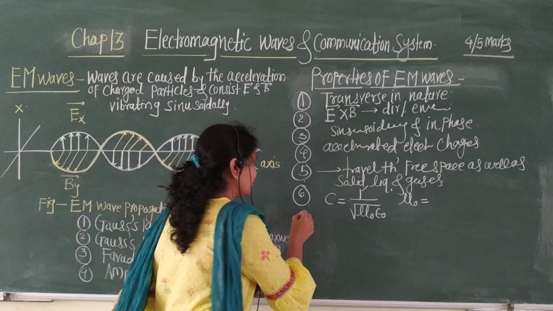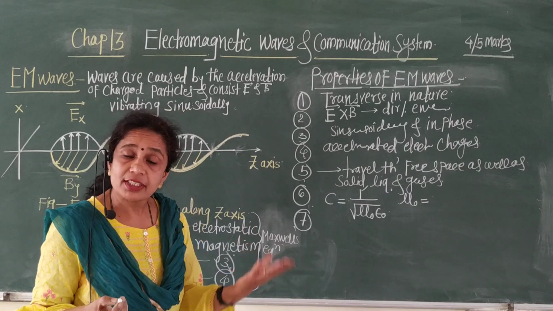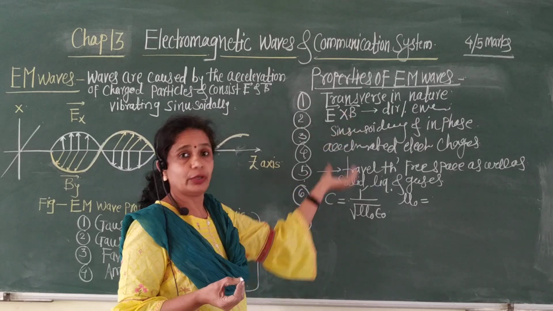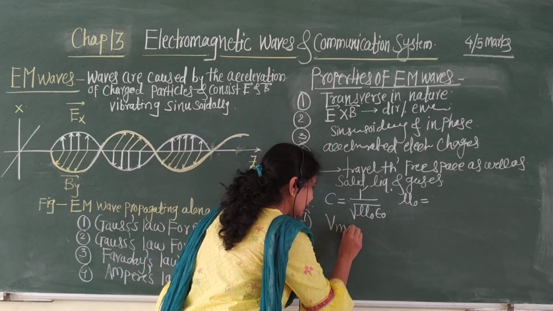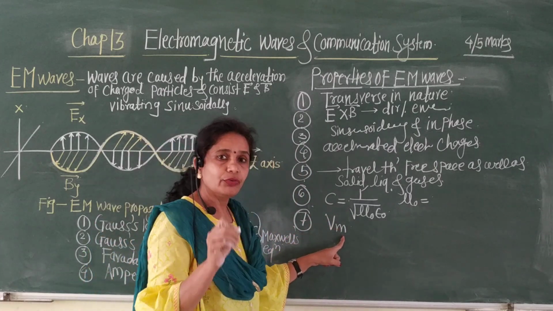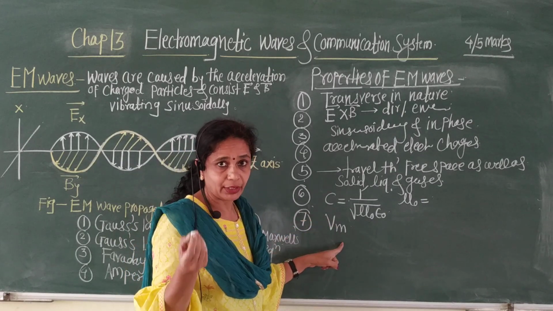Okay, now 7. In material medium, what is the velocity of electromagnetic waves? In material medium, velocity of electromagnetic waves is given by Vm. V for velocity and M for material.